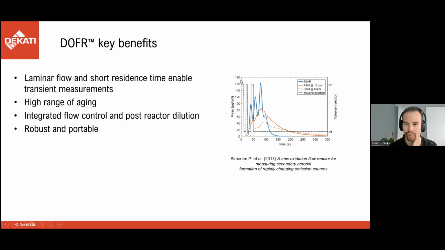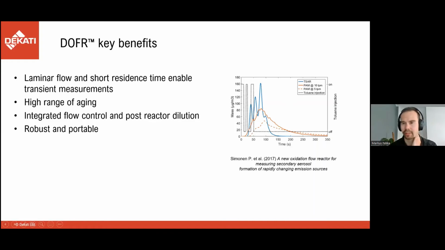There are 3 toluene injections, short bursts to the inlet of the system, and the blue line describes the produced secondary aerosol mass from these 3 peaks of toluene.